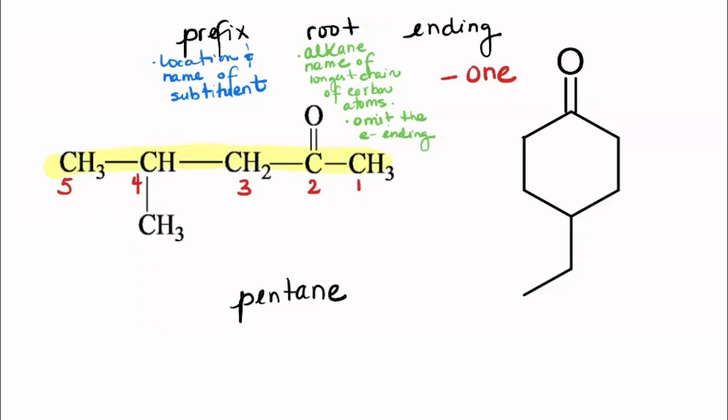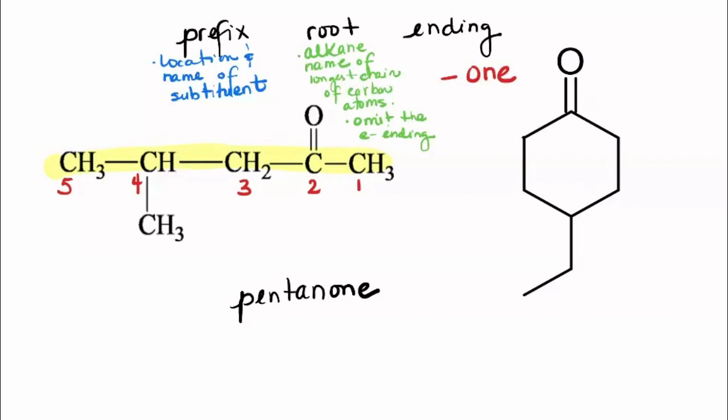But remember that we have to omit the E ending. So let me just erase it. And then we have to put the correct ending because we have a ketone, which means that we have an "-one" ending. So that parent chain is going to be pentanone.